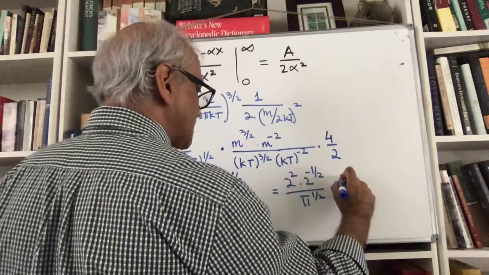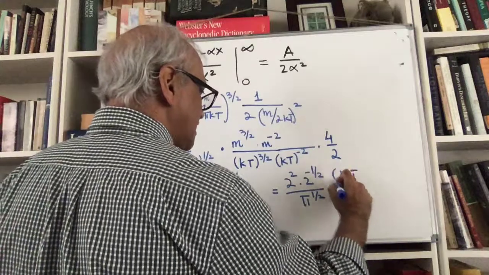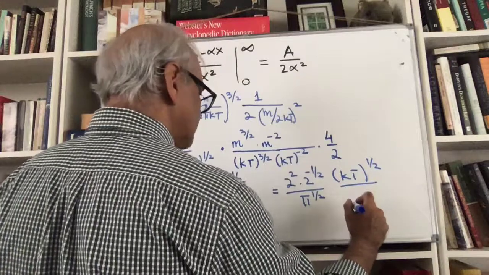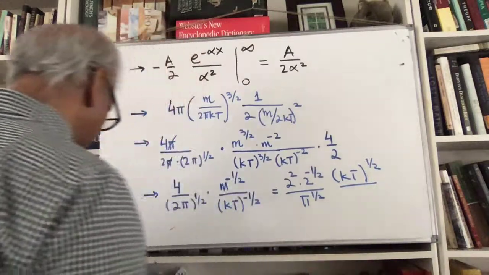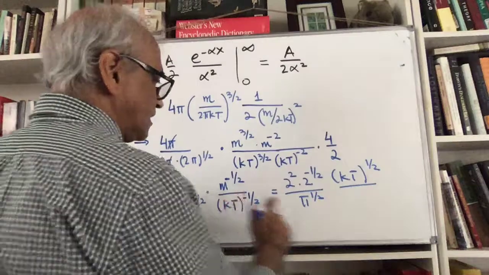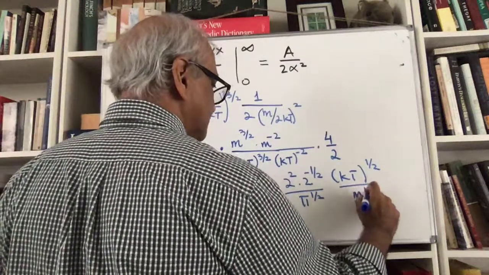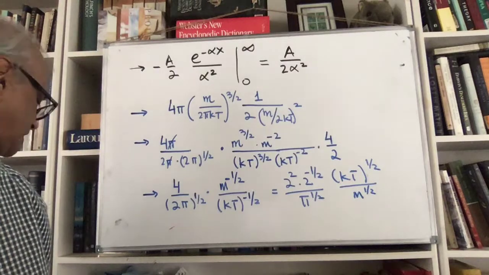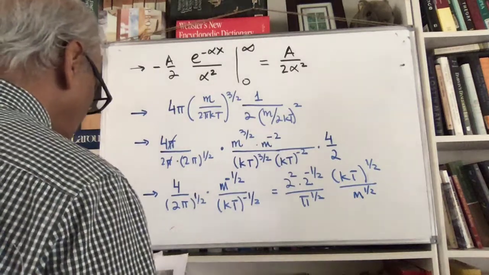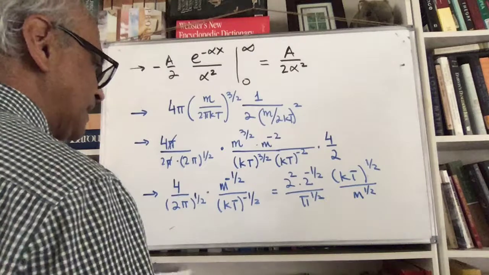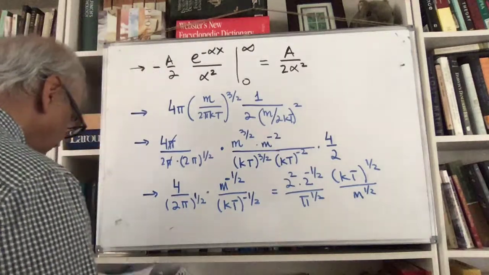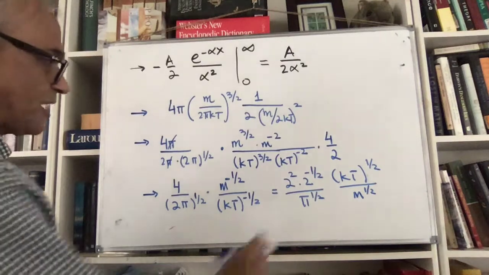Now look what happens. I have here kt to the half over m to the half, right? So what do I get in the end? I have an 8.